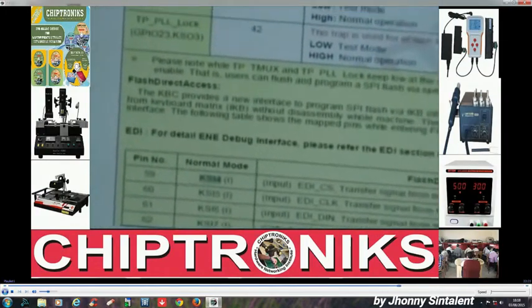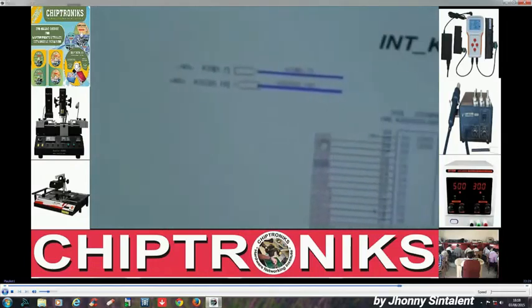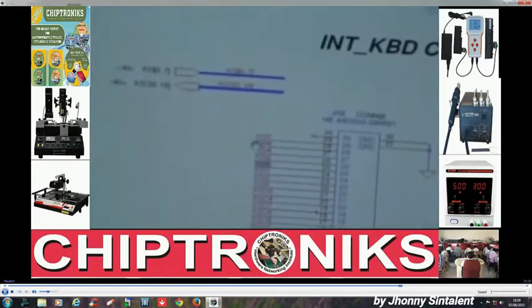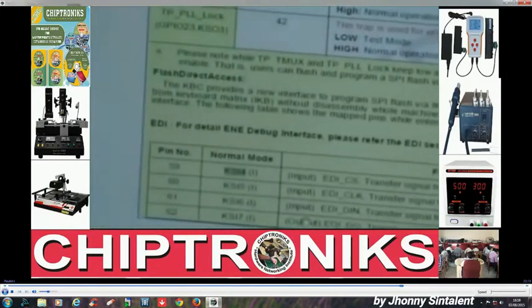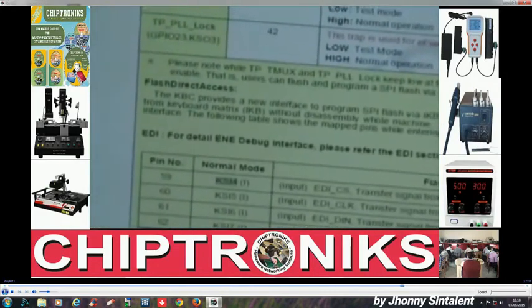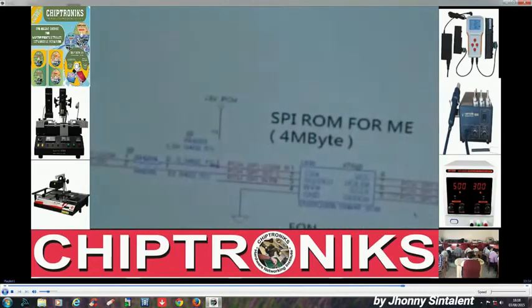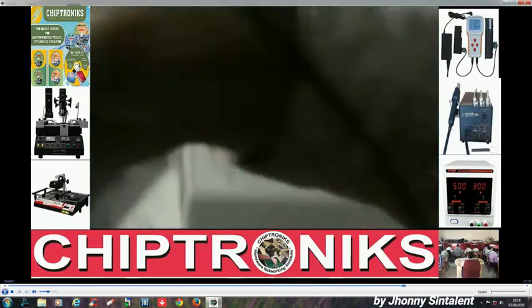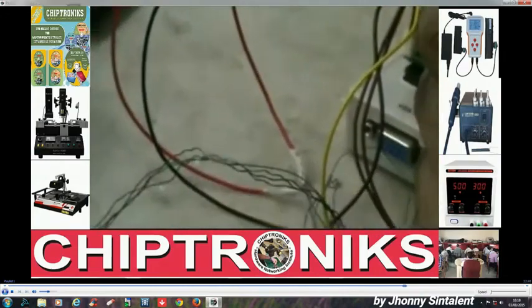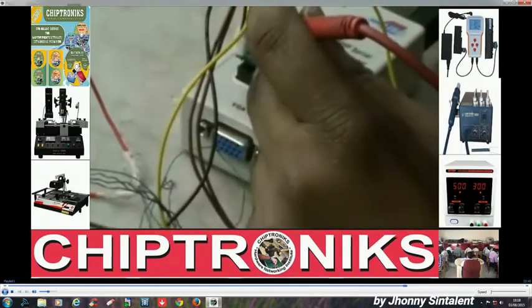And KSI6 is pin number 28. So we have to connect pin number 28 to serial input, that is pin number 5. Alright, so we have covered the 3.